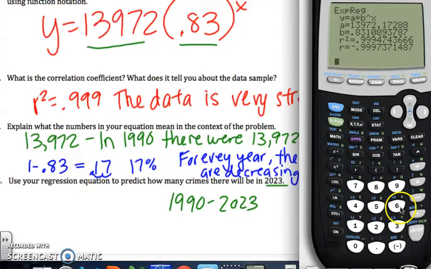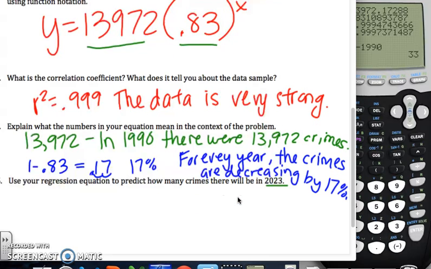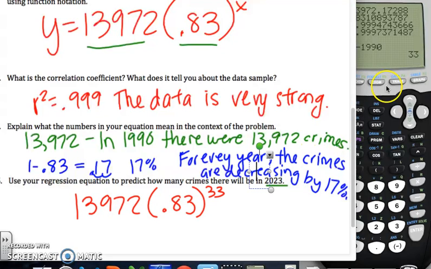So to do that, you're going to do 2023 and subtract the year 1990. So that means 33 years have passed between that, okay? So I'm going to plug in 33 into my equation for my x value, and then let's see what we get.